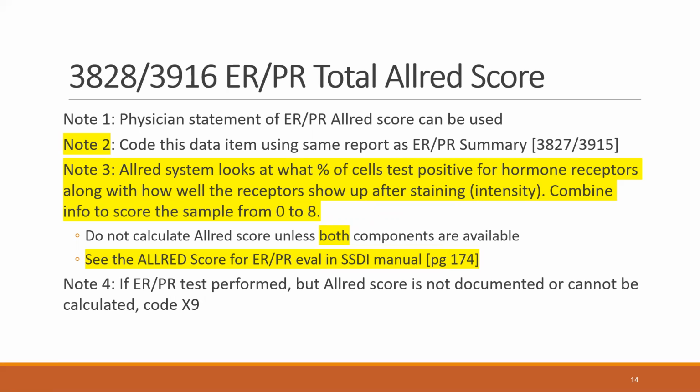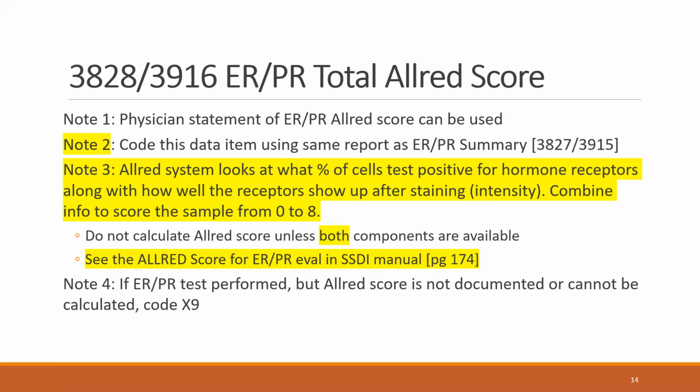Note 3, the all-red system is looking at what percent of cells test positive for either of these hormone receptors and how well they show up after staining. So we again need that percent positive and we need the intensity. Then you combine those and you're going to come up with a score from 0 to 8. Again, you cannot calculate it if you don't have both components.